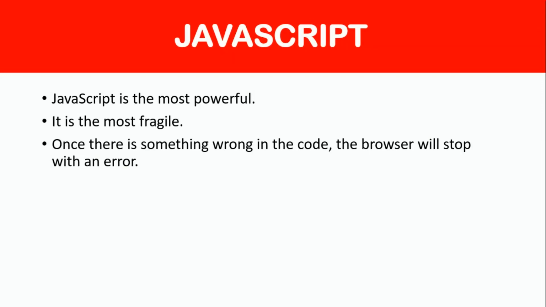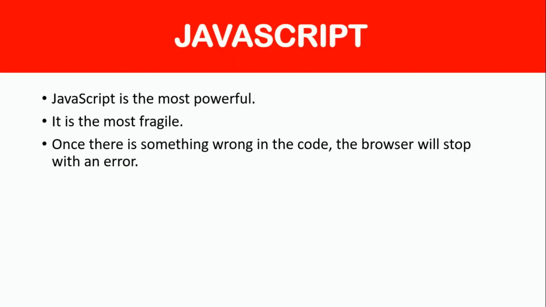So that is it about the three most basic languages of the web. We are going to discuss these languages in depth in the course of this training. We said that HTML is a structural language, or a structured language.